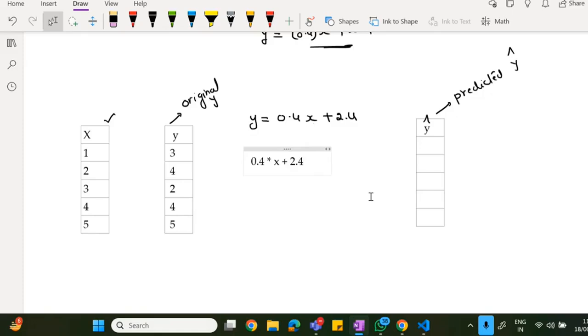Now my x value is first 1. Okay. Now I'm supposed to get 3. What I got is 2.8. So here I'm having 2.8.